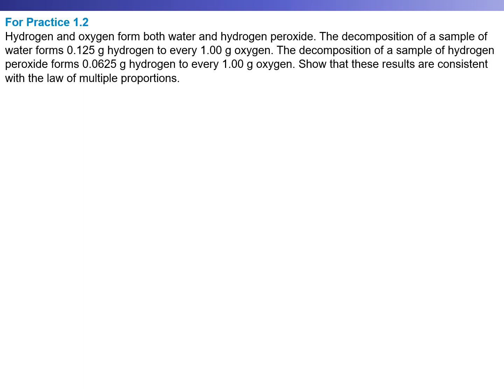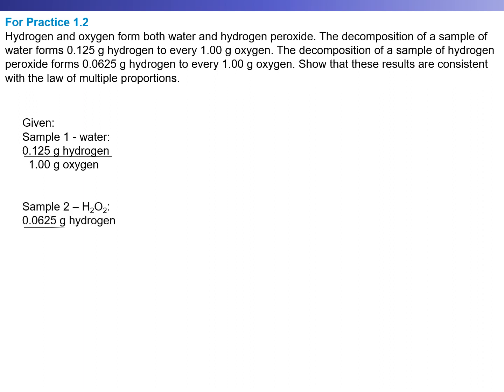So let's get started. I always like to start by writing down what I'm given. We're given sample 1 of water. We're going to get 0.125 grams of hydrogen for 1 gram of oxygen. And in our second sample of hydrogen peroxide, we get 0.0625 grams of hydrogen for 1 gram of oxygen. Now, how are we going to set about solving this?